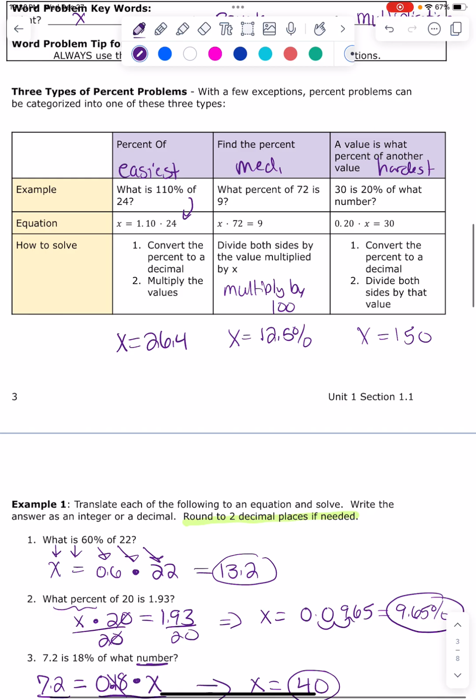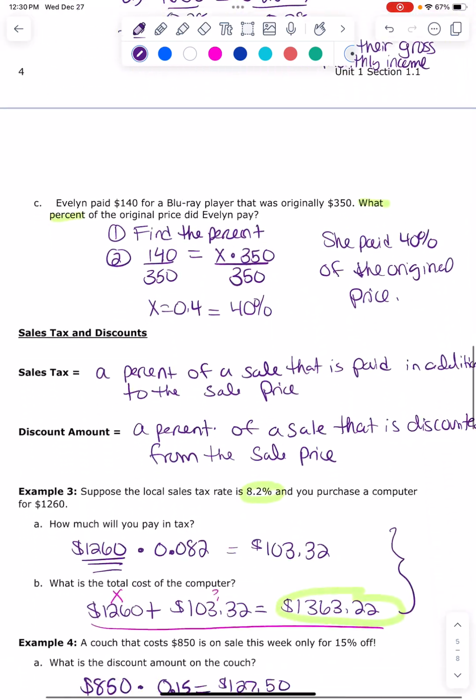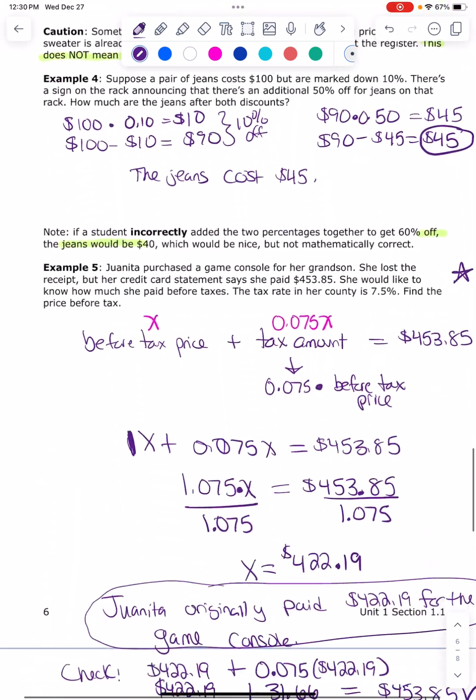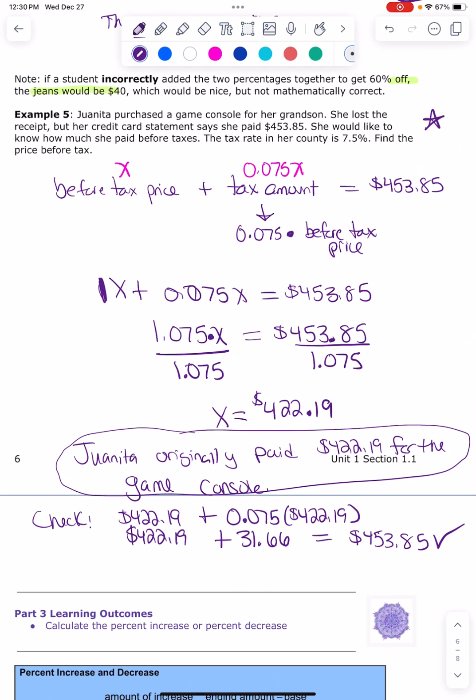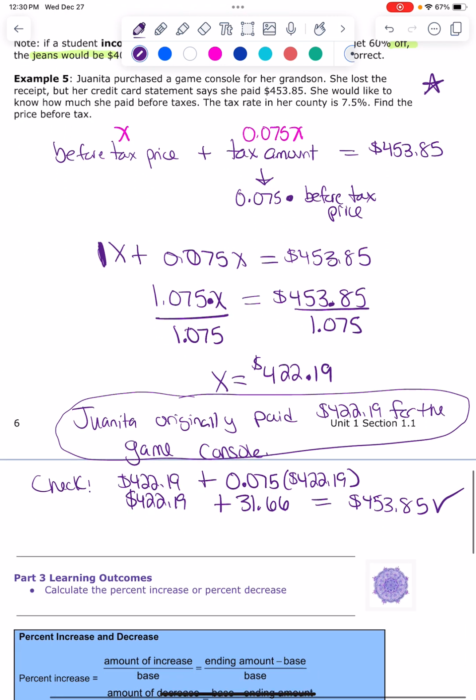So these 3 types here, and then at the end of this section we did one that was a little different. This one with Juanita and the game console wasn't one of those types. It's basically one of those types but backwards.